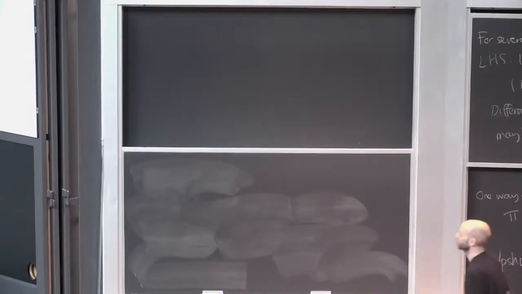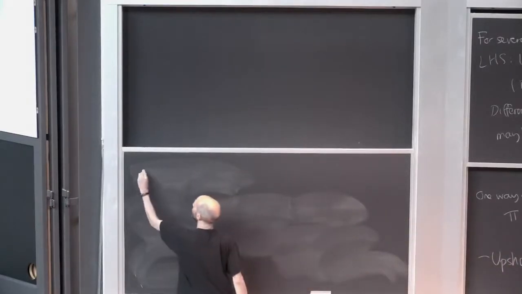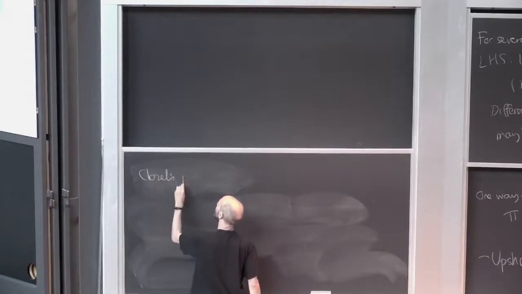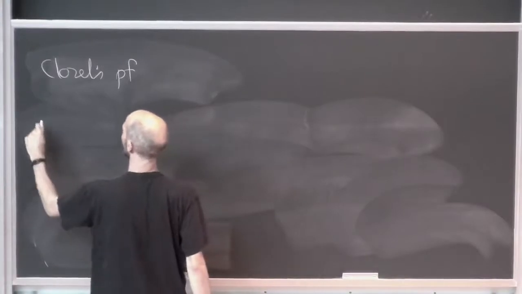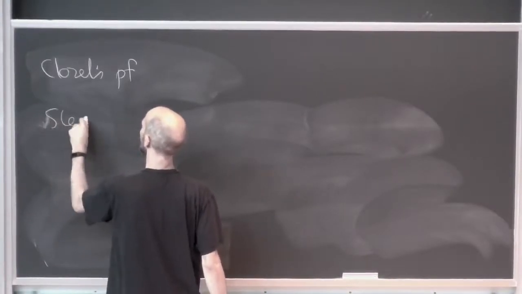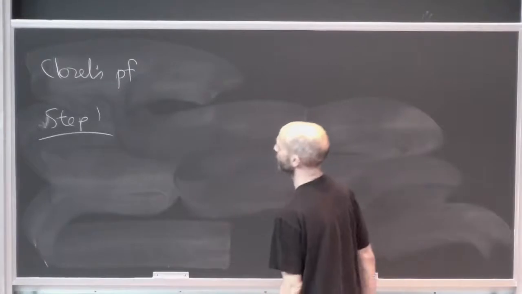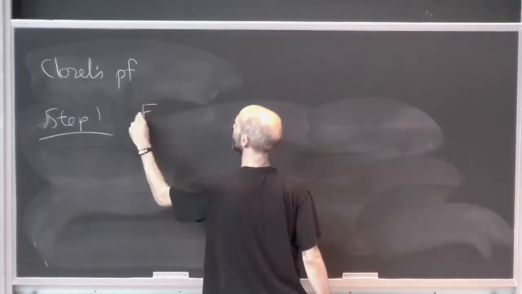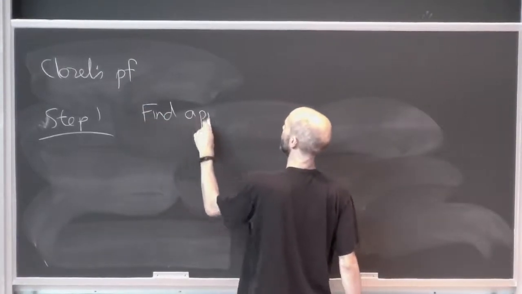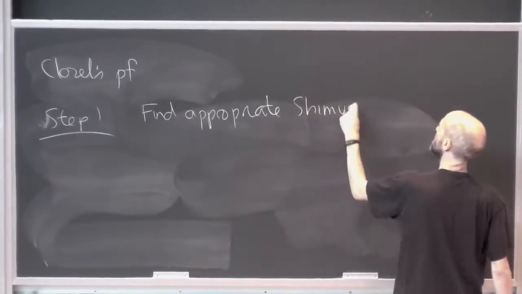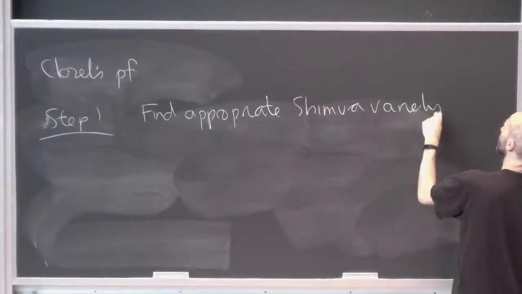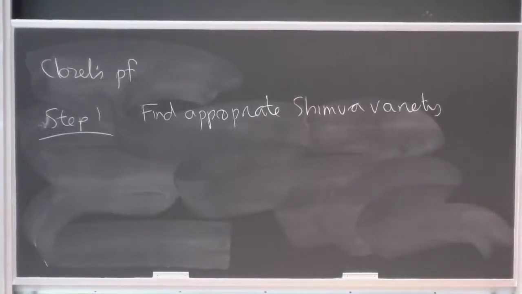So Clozel's proof looks kind of easy, right? You just, firstly, step one, find an appropriate Shimura variety, right? This is just some algebraic variety defined by some polynomial equations.